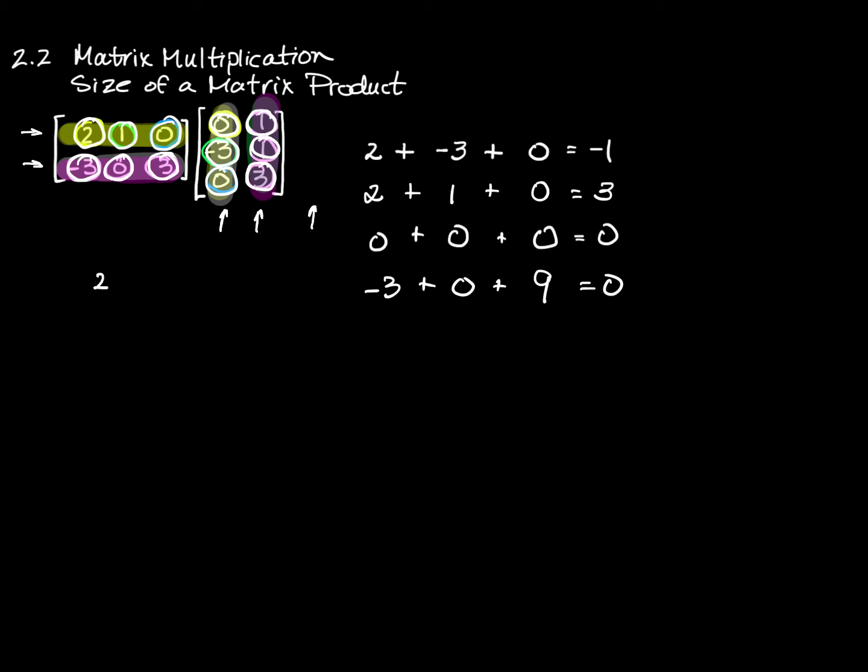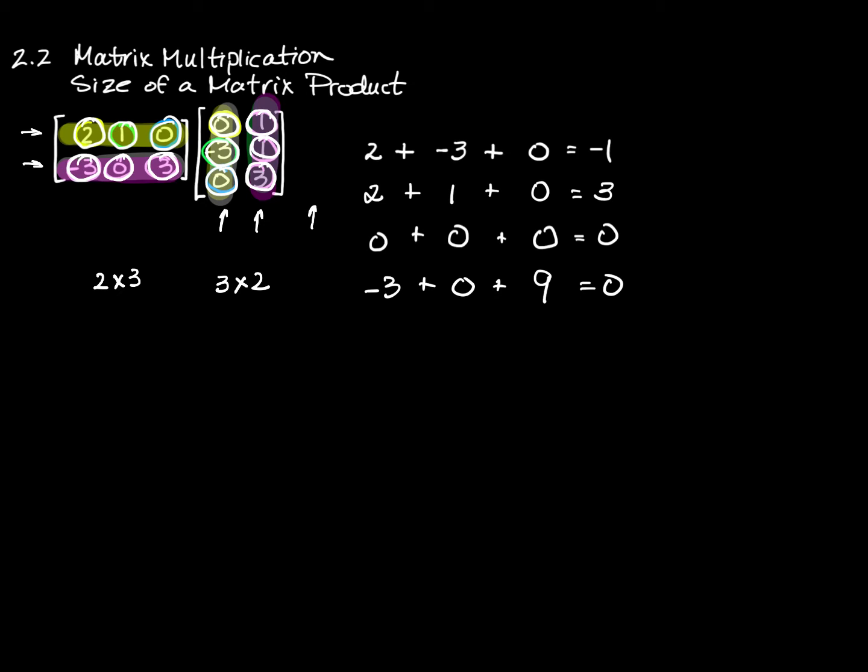This is a 2 by 3 matrix, and this is a 3 by 2 matrix. I was able to multiply the entries in the rows of the first matrix with the entries in the columns of the second matrix because the number of entries in the rows of the first matrix and the number of entries in the columns of the second matrix match, right?